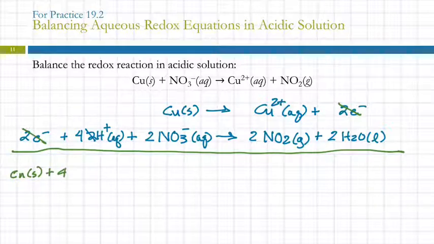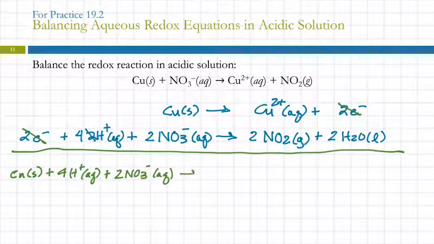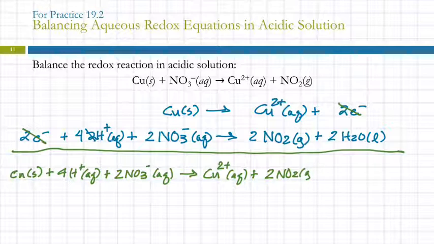So I've got copper, 4 hydrogens, 2 nitrate ions, and then I've got Cu2+, and 2 NO2, and 2 H2O. Then we should verify that. Any questions?